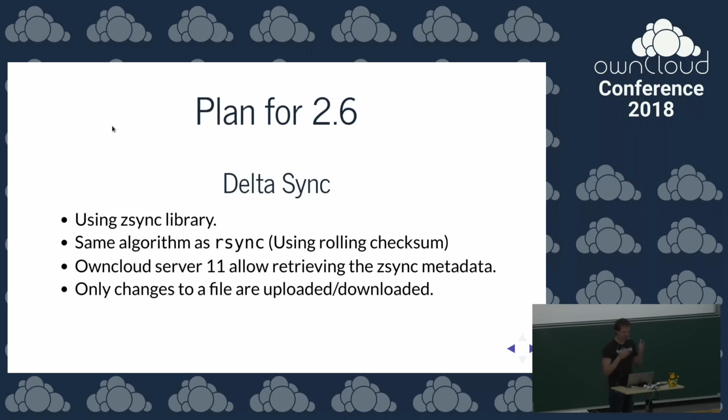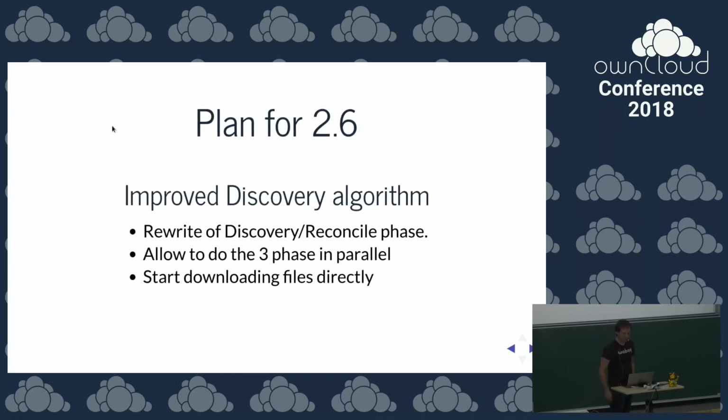The idea is that when you have a huge file and you only change a small part of the file, not the whole file is downloaded, but just the part that changed. It's using the same algorithm as rsync with rolling checksum, and it also needs some changes in the server, which is already included in server version 11. And this is going to be in 2.6 normally.